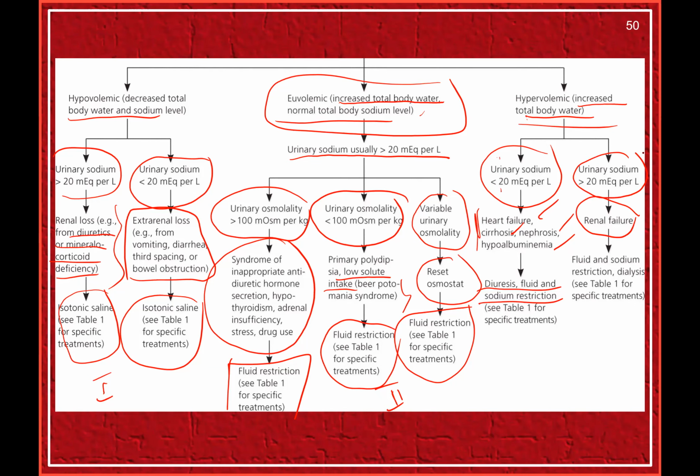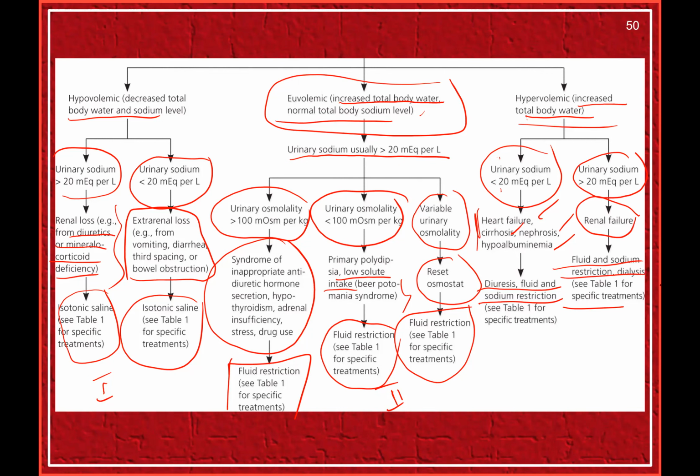Here, because of renal failure, urine sodium separates the renal failure from other causes of hypervolemic hyponatremia. How do I treat them? Fluid and sodium restriction, maybe put the patient on dialysis, peritoneal dialysis or hemodialysis in the chronic cases.